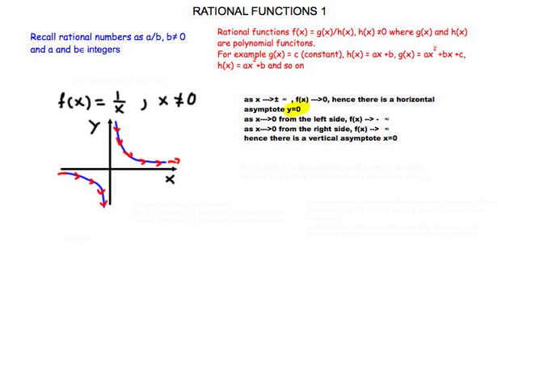Now, as x is approaching 0 on both sides, the graph is approaching either positive infinity or negative infinity, which defines the vertical asymptote. So the equation for that is x is equal to 0. So there's one vertical asymptote, one horizontal asymptote.